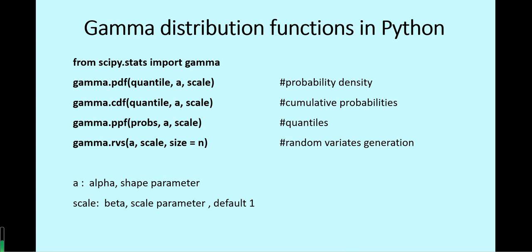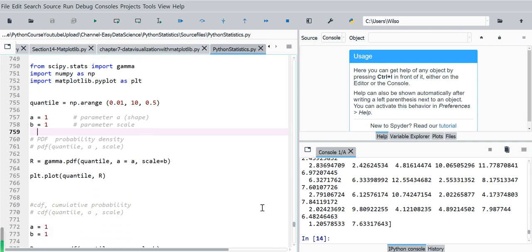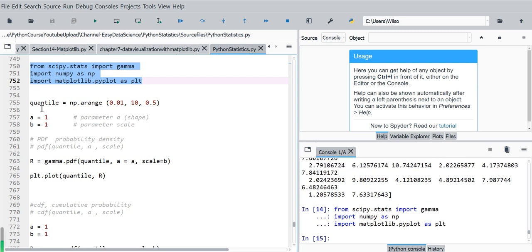So next we will show several simple examples in Python. First we have to import modules for gamma from scipy.stats, and the numpy module and matplotlib.pyplot. We create an array called quantile between 0.01 and 10 representing the gamma random variable, with a gap of 0.5.